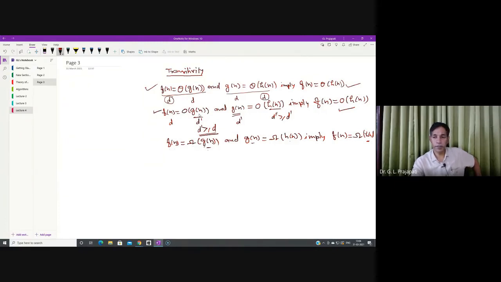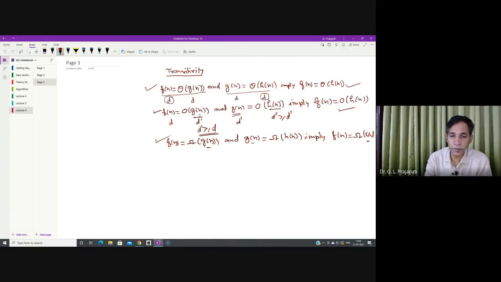It means it is clear that the degree of h of n is either the same as f of n or less than f of n, and hence this relationship also holds true. So your big omega notation also denotes the transitivity relationship.